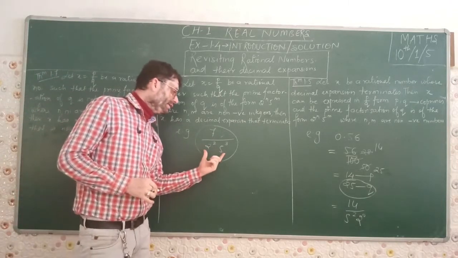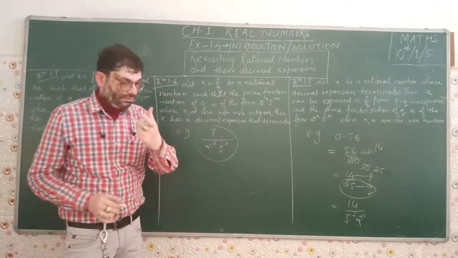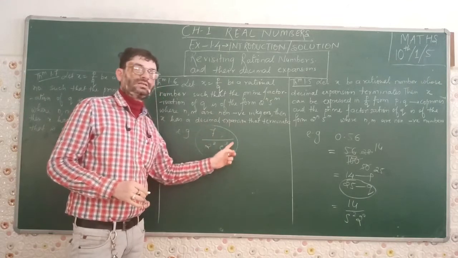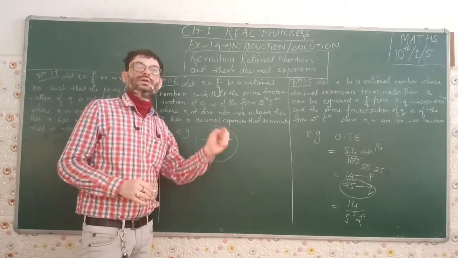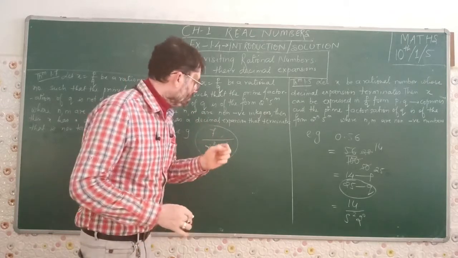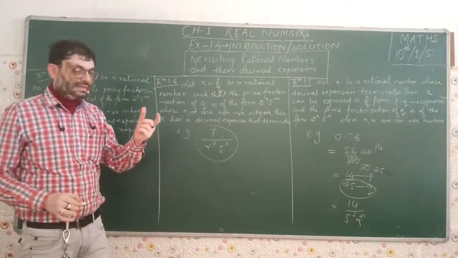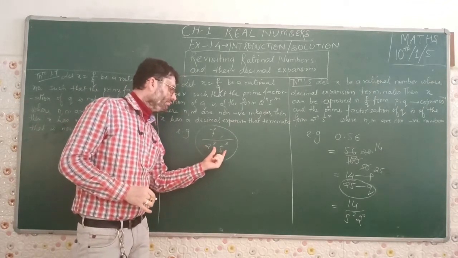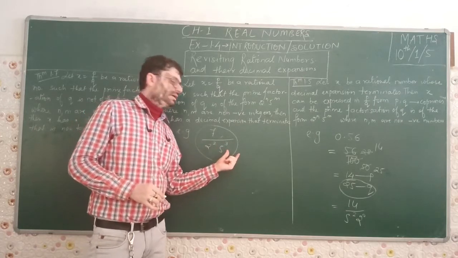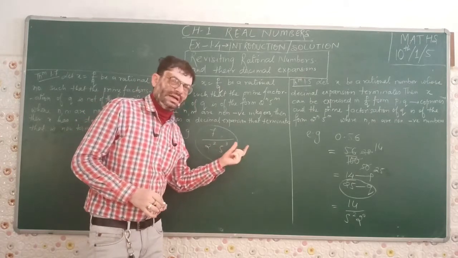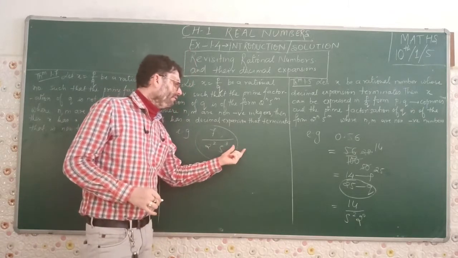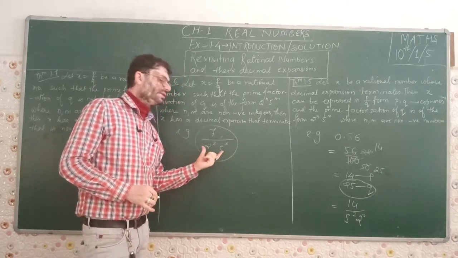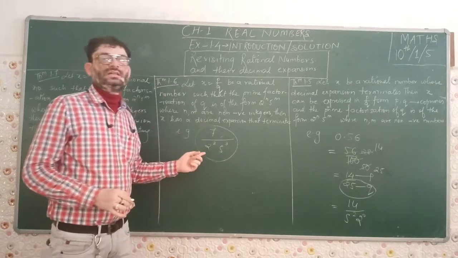That means if the denominator is always of the form 2^n 5^m, the decimal expansion of that rational number will terminate. That means the remainder will become 0. If you have other numbers attached to these two forms, 2^2 5^3, and there is another number, any prime number like 3, 7, 13, whatever, attached with it, then this will not terminate.